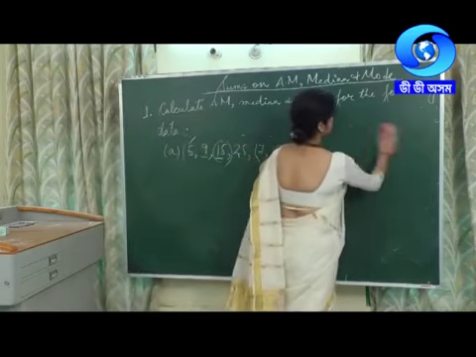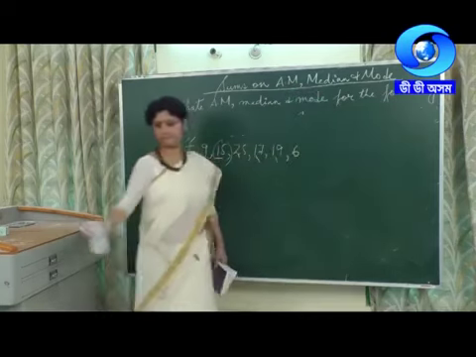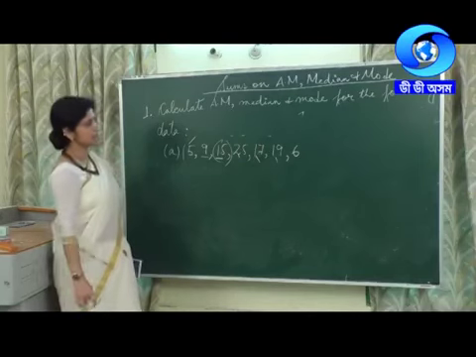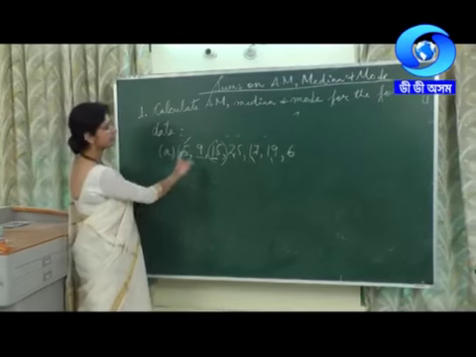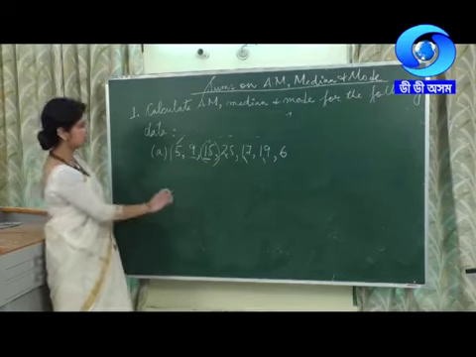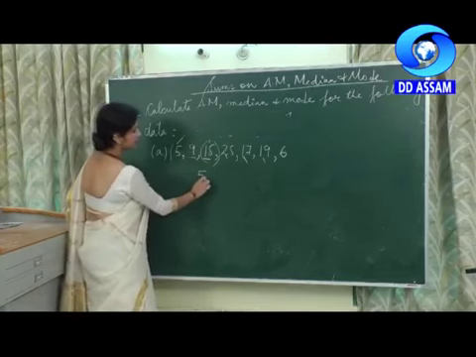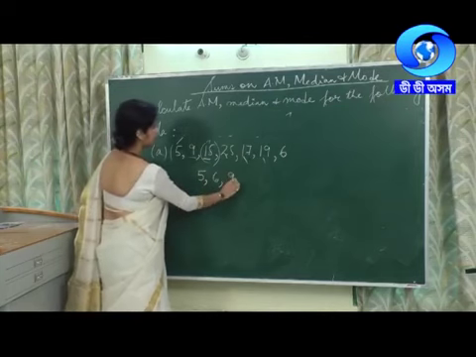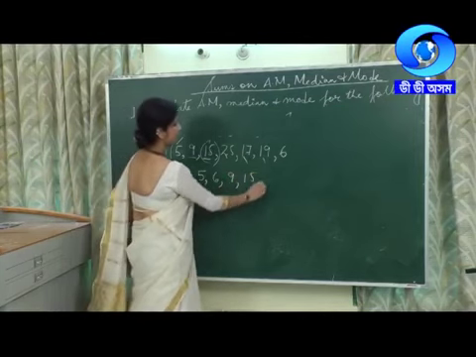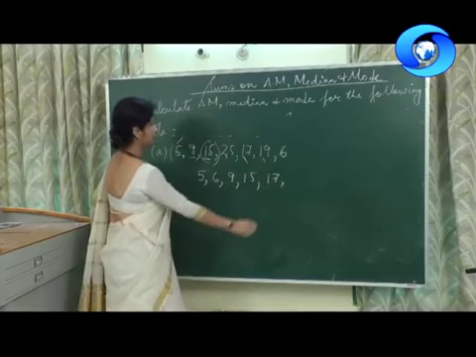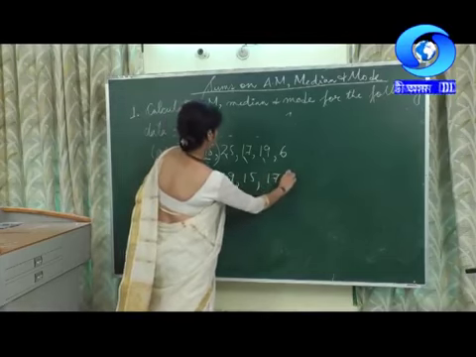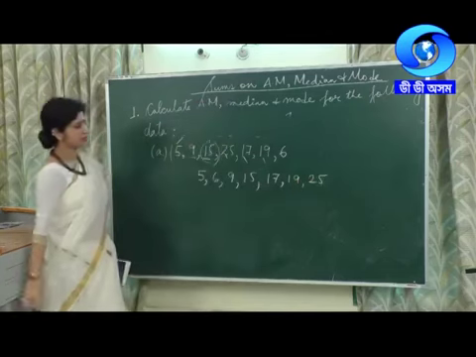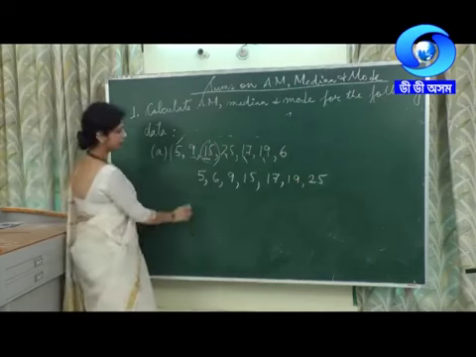Then it will be easier for us to see what we do in case we have an odd number of observations. Again, we shall first arrange the data in order of magnitude: 5, 6, 9, 15, 17, 19 and 25.